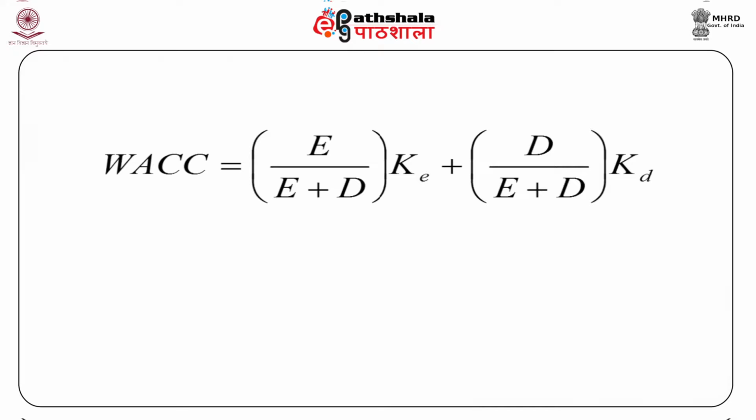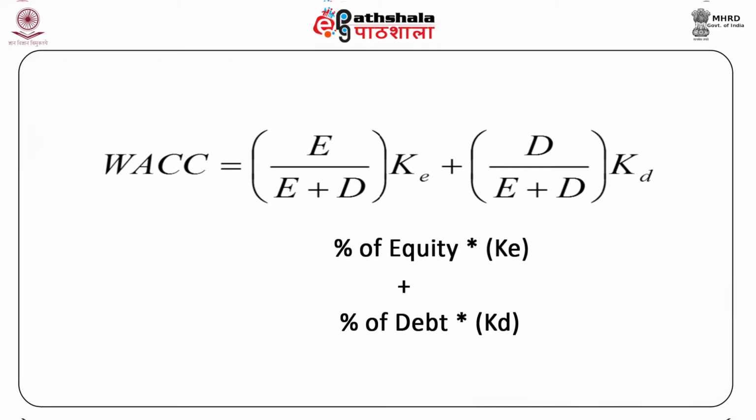The WACC for this firm will be given by the formula as shown here. Thus, it can be said that WACC is equal to percent of the firm that is equity times cost of equity plus percent of the firm that is debt times cost of debt.